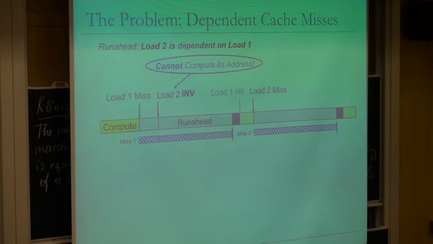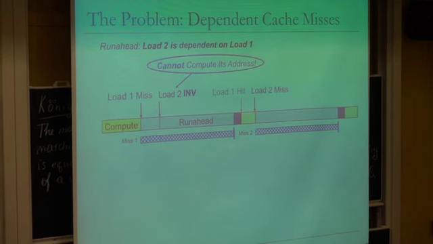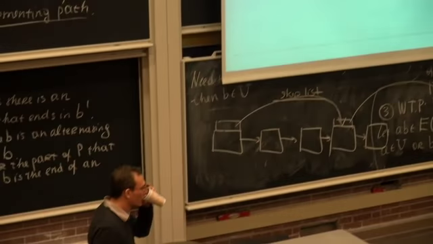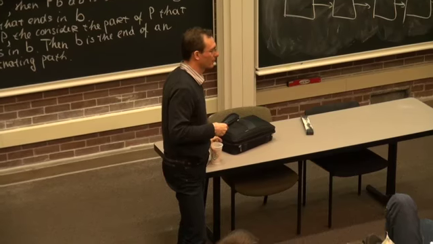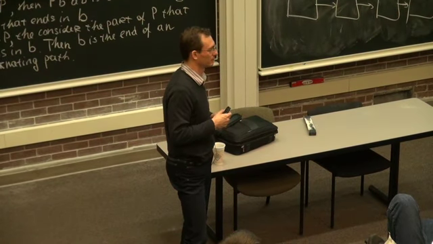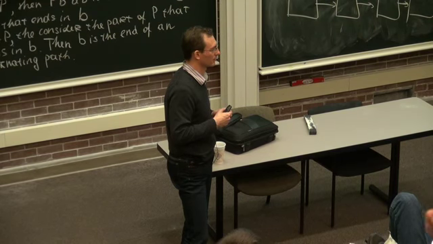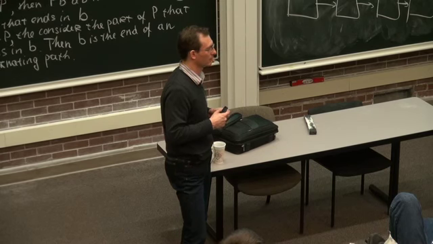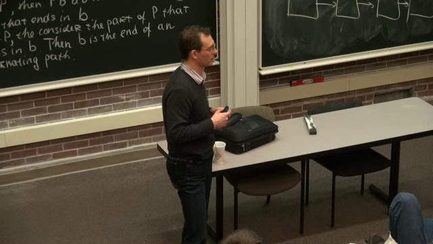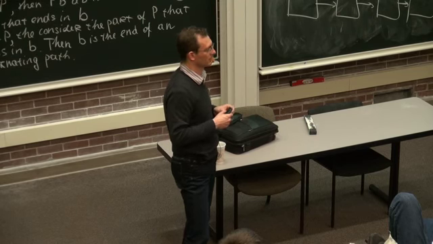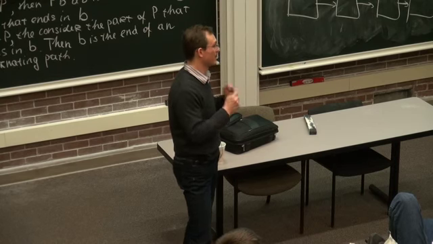Yes? So in the paper, you said that if you have a... So that seems to be in contrast to when you get your first miss, where you wait until it gets to be the oldest instruction in the window and then remove it. So I'm sort of wondering why you chose to do that. Like, let's say that I have a prefetch and the data for this miss is going to be available soon. So in that case, might it be a good idea to keep it in so that... Potentially, yes, you're right.